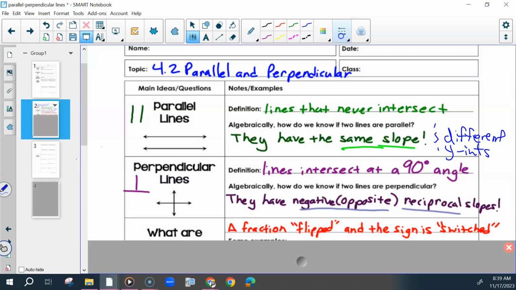So we talked about that as being the slopes are flipped and the signs are opposite, but we're just going to combine both of those things together and call them negative reciprocals. This is the symbol for perpendicular lines, an upside down T.